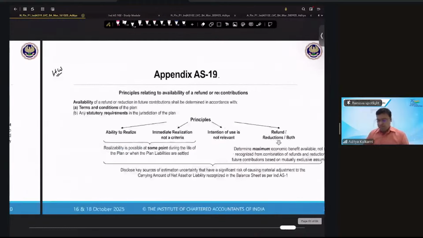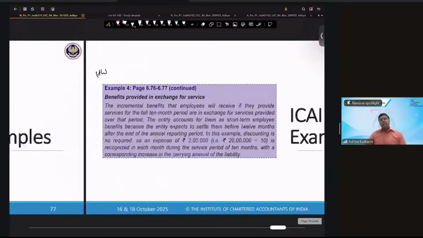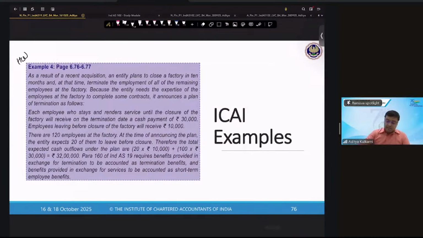Anything else that you have any doubts in employee benefits or in ESOPs? Please let me know. Any other doubts in today's class?